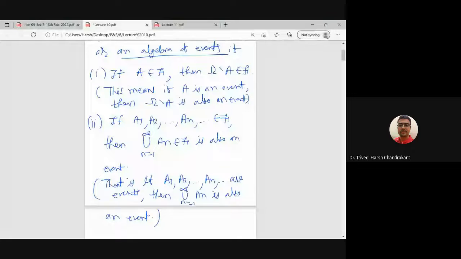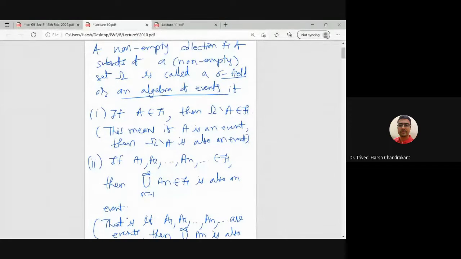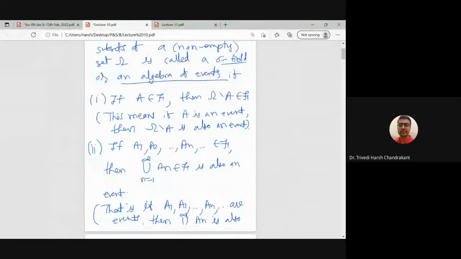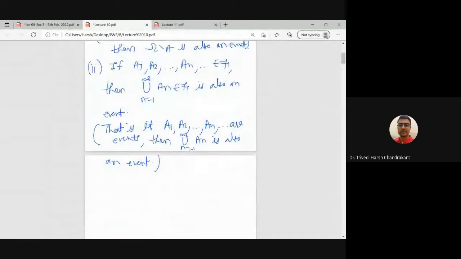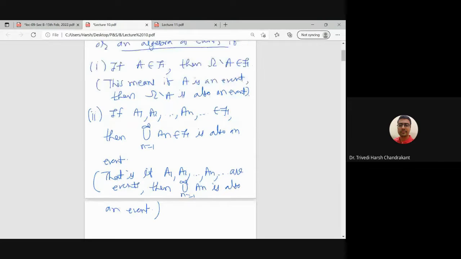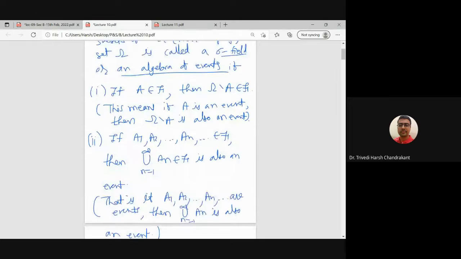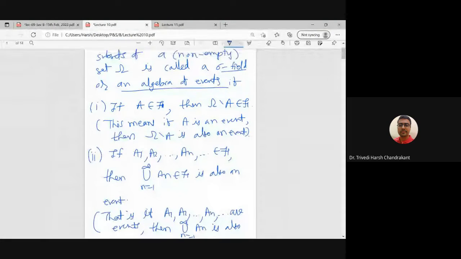It is not F1 actually. So do not confuse it with F1. This is just F, because it is a family. I'm using the family notation.